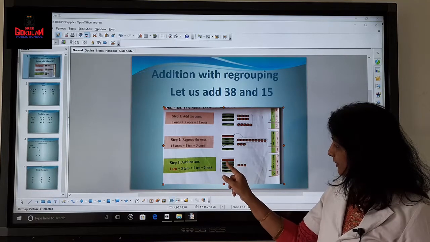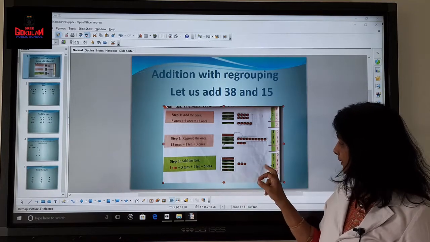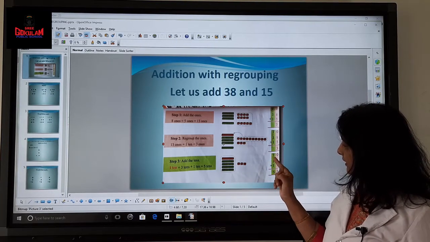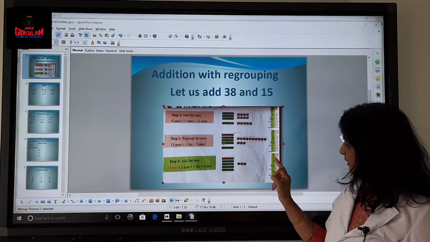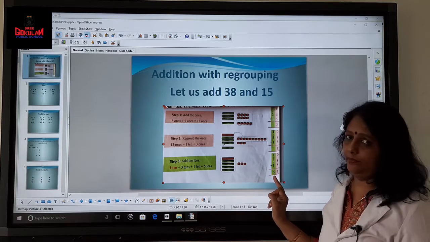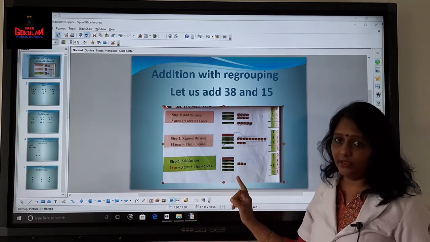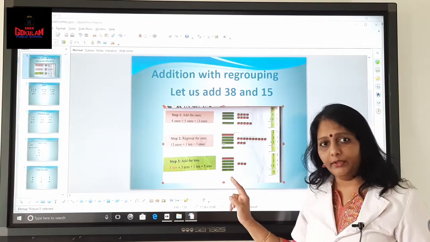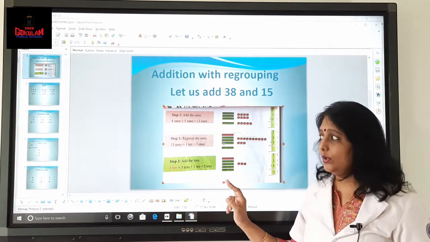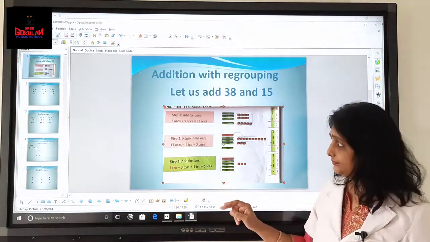And here, 1, 2, 3, 4, 5. When we carry, here 1 plus 3 plus 1. 1 plus 3 plus 1, 5. The same thing is there in your textbook. It will be more clear when we do more examples. So, let us go to the next.